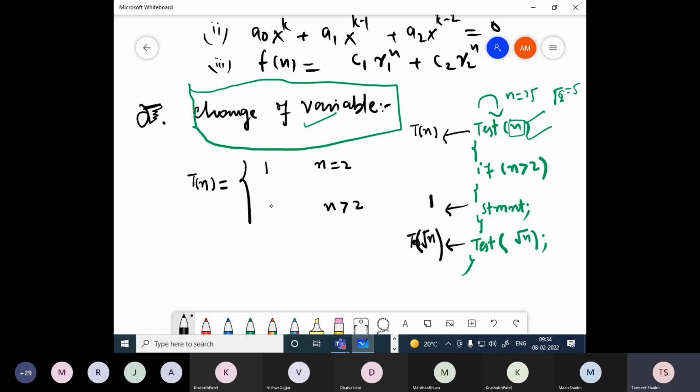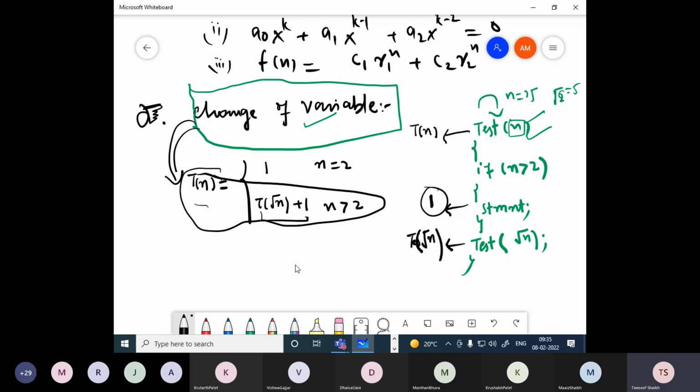Now when it becomes greater than 2, the total time it will take will be dependent on the instantaneous characteristic, that's T of under root of n, plus this simple constant program step. While solving such types of recurrences which come in this form, we use this technique. And the solution means to go to this part.